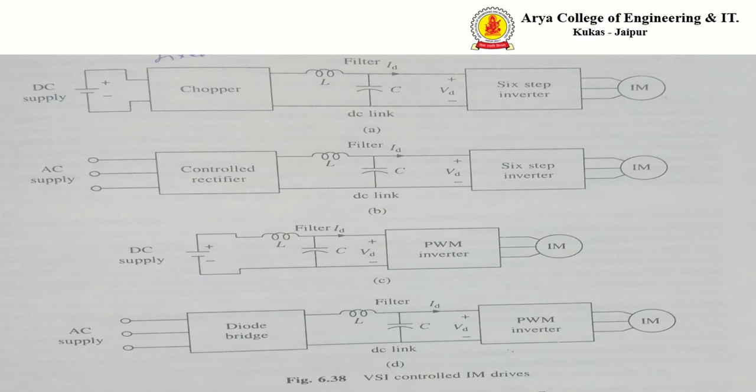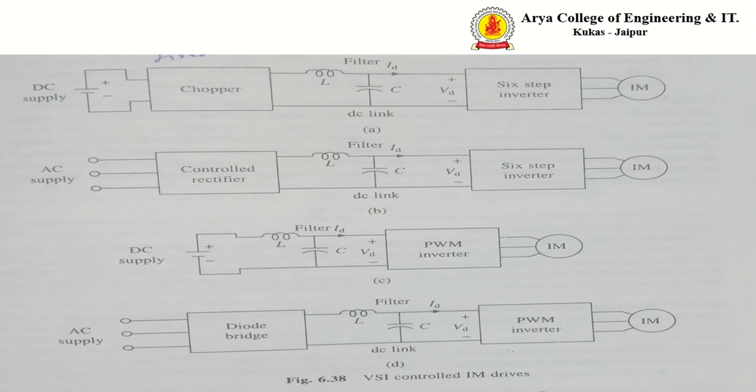In the DC link filter, the inductor and capacitor are connected, and the filtered output is provided to the inverter. The inverter is a 6-step inverter. It converts DC to AC, and this AC signal is provided to the induction motor drive, which is controlled. This is the first configuration.